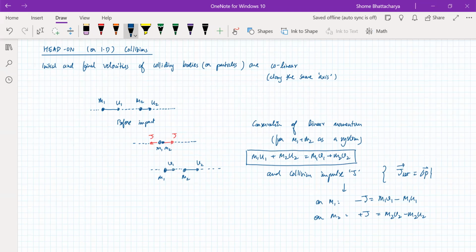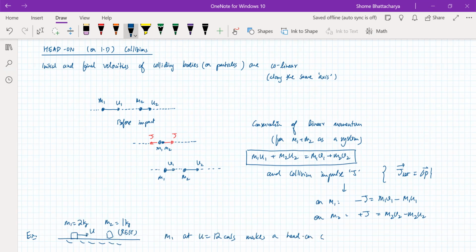Okay. So for example, if we have a situation like this, where a block of, let's say, 2 kilograms collides with another block of, let's say, 1 kilogram, and this one is at rest, let's say. So M1 at a speed of 12 centimeters per second makes a head-on collision with M2, which is at rest.